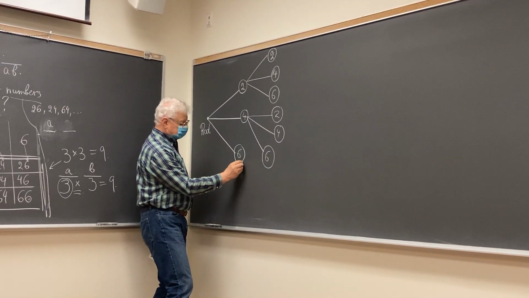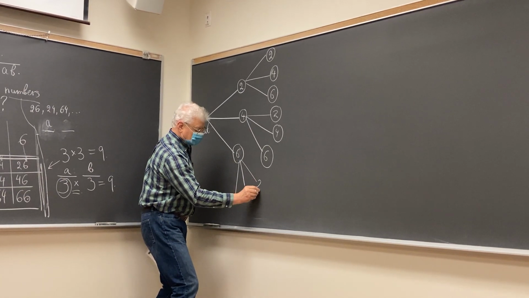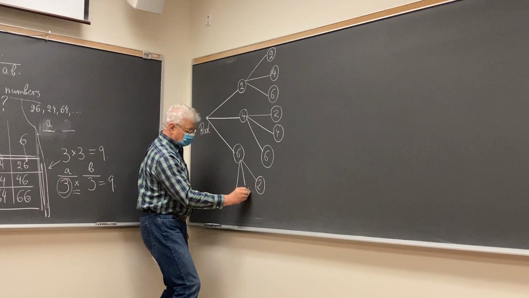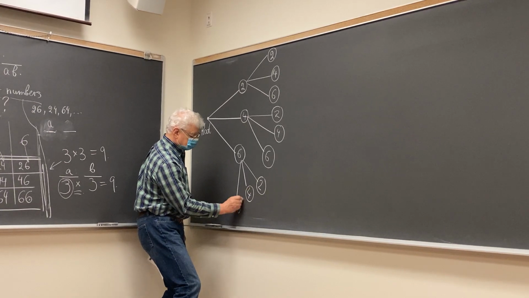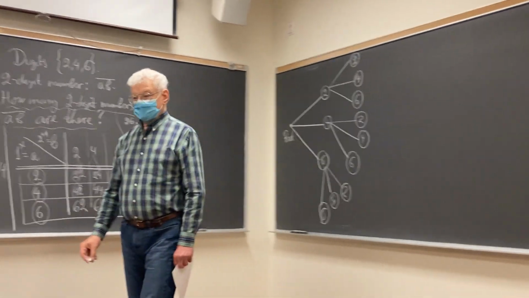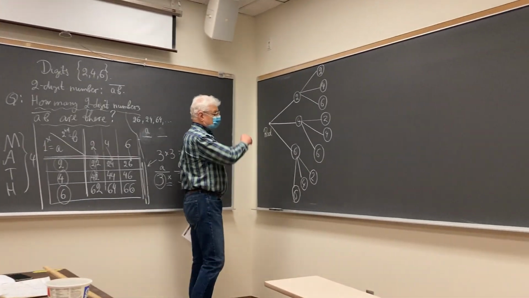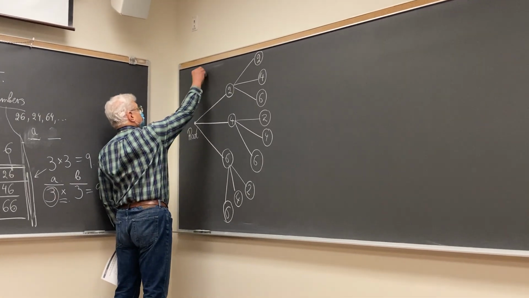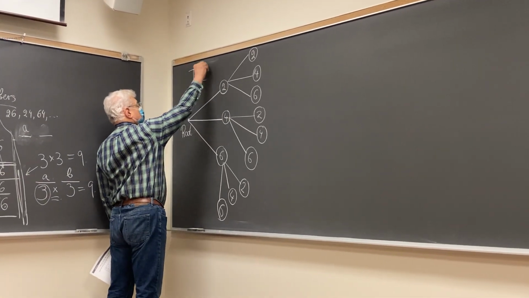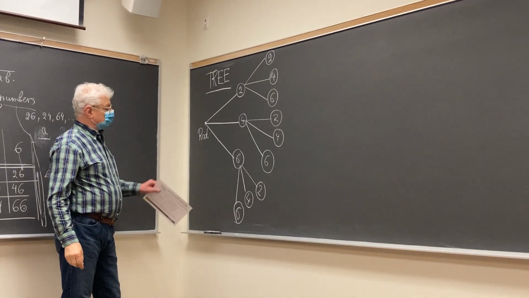And finally with 6, you can also extend it in three different ways: 2, 4, and 6. So the question is, how many two-digit numbers can you get? That 3 answers our question.